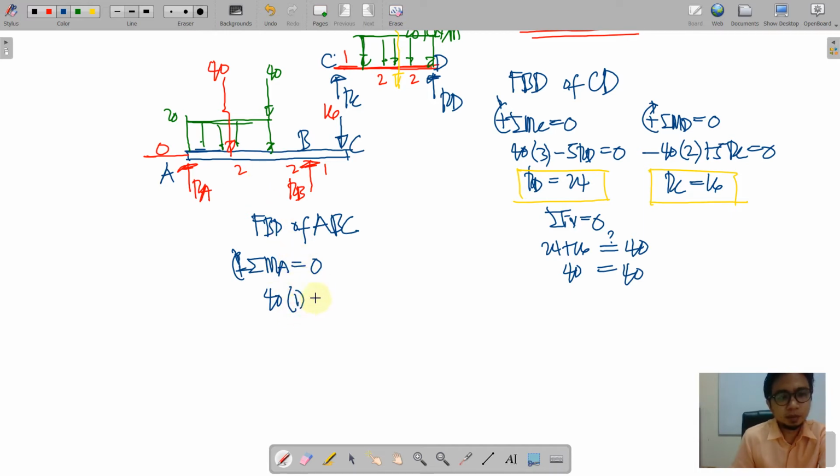And then plus 40 times 2, this concentrated load, minus 4 RB, plus 16 times 5. So therefore, RB would be equal to 50. Okay, 50.